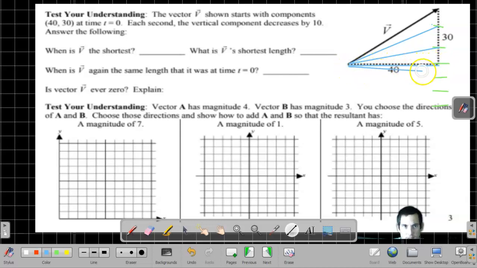After the fourth second, that would be v. Fifth, and then finally the sixth. All right, so where is it the shortest? We can see that at 3 seconds, vector v is the shortest. What is v's shortest length? 40, right? When is v, again, the same length it was at t equals 0? That was all the way at t equals 6 seconds.